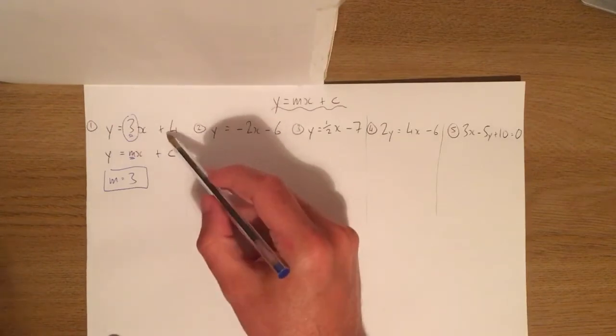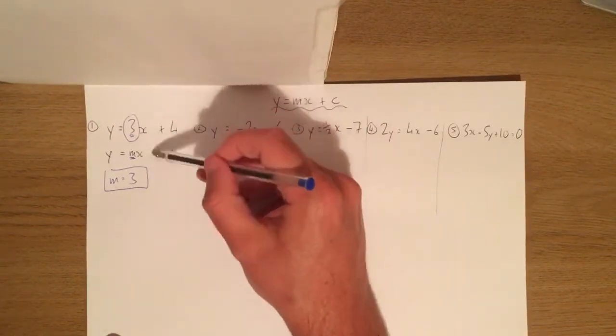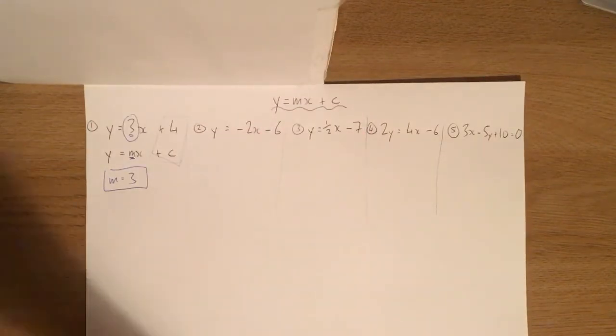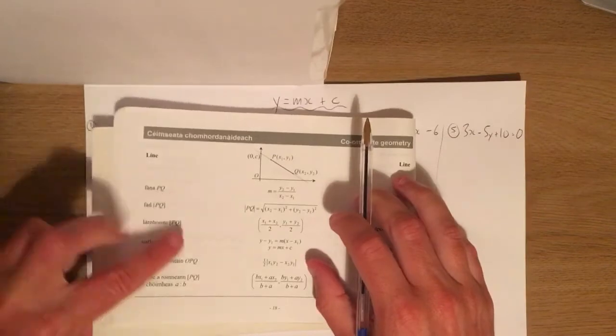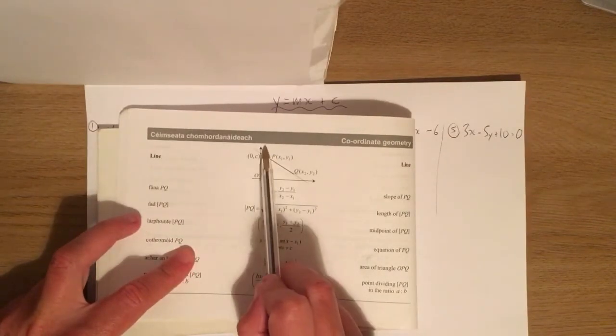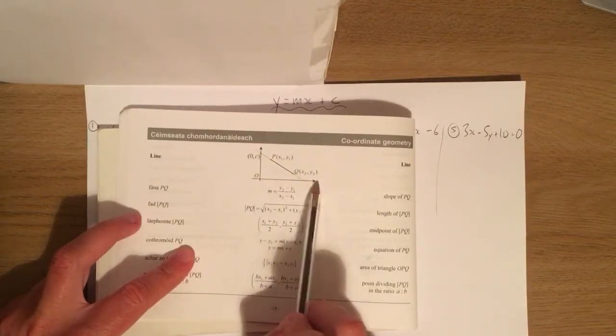Okay, the number on its own at the end then, the plus 4, so that's taking the place of c in the formula. And again, if you actually look at these log tables, y is equal to mx plus c, and this bit up here kind of tells you a little bit how to use the formula.